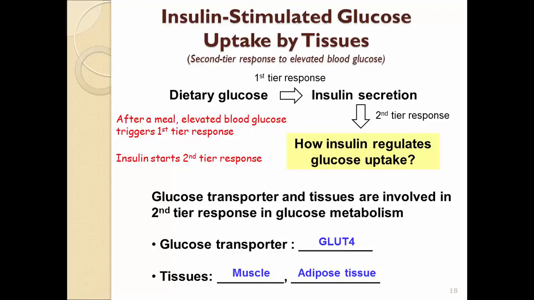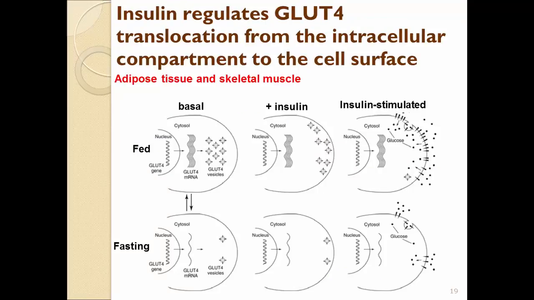The two major tissues that produce high levels of GLUT4 and are responsible for insulin-stimulated glucose uptake are skeletal muscle and adipose tissue. Now I wanted to get a little more detailed on how GLUT4 responds to insulin and transports glucose into the cells. This slide represents the adipose cells and skeletal muscle cells.